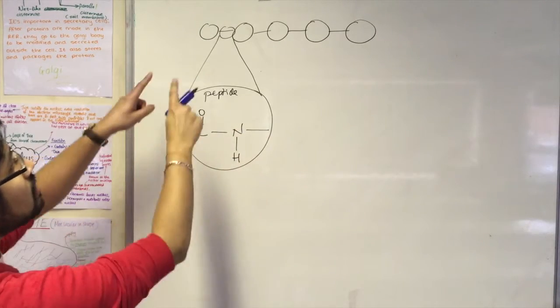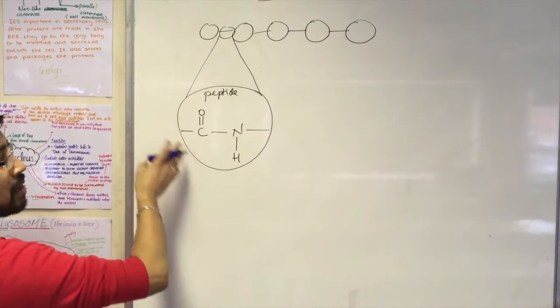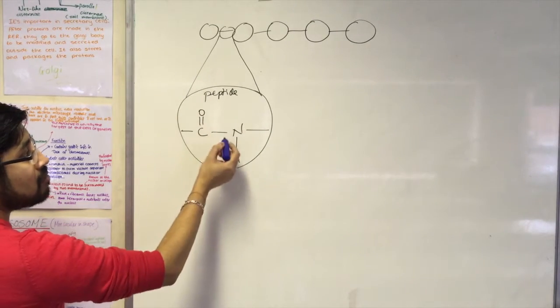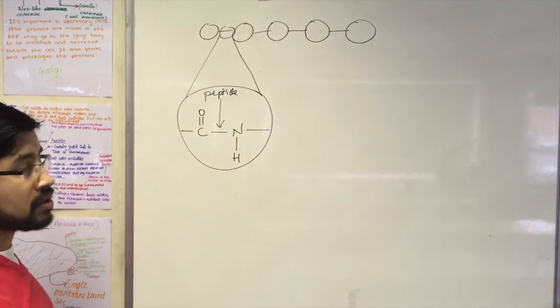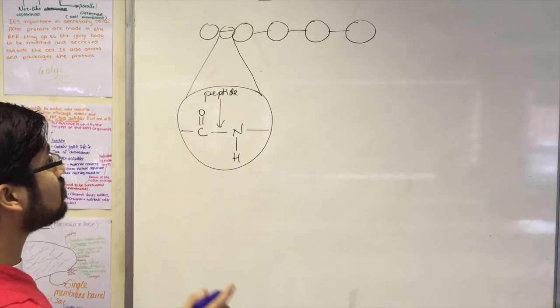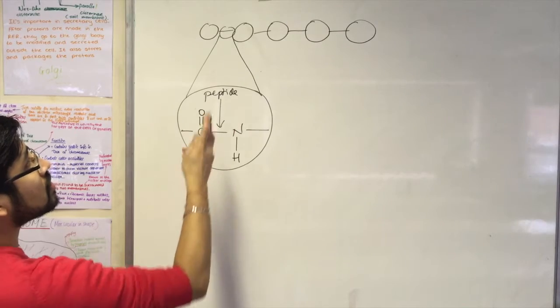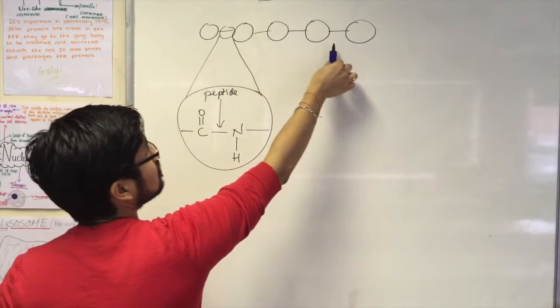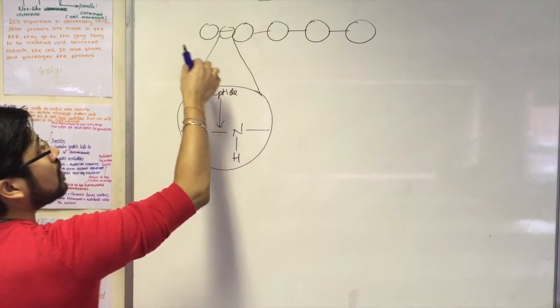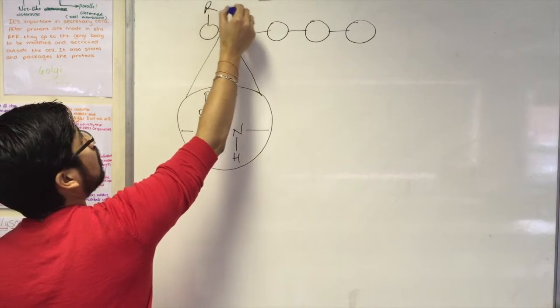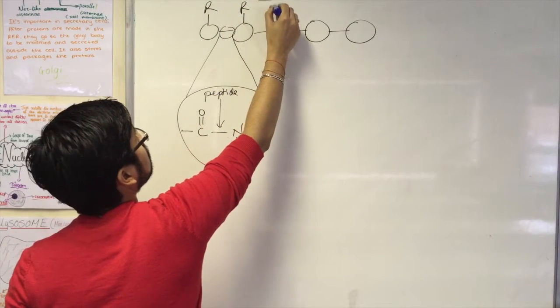So between each of these amino acids, we've got this peptide group, and this peptide bond. And between each of these amino acids there's a peptide group, and every amino acid's got an R group sticking out.